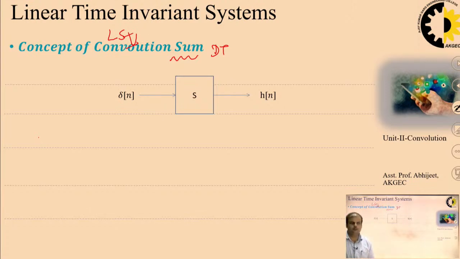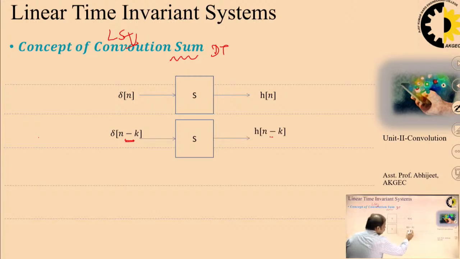This means that time shifting will be applicable. So if the system is an LSI system and I shift the input by minus k, the output will also be shifted by minus k. That's the theory.